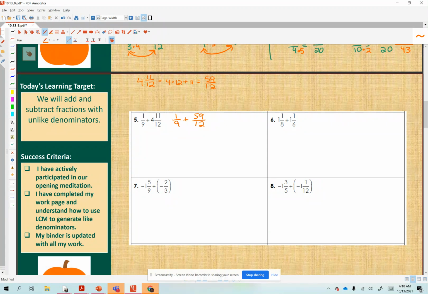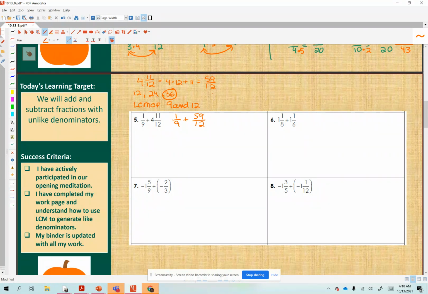So now we have 1/9 plus 59/12. But we need to convert these fractions so that they have a common denominator. So we need to find the least common multiple of 9 and 12. Now, if I think of the 12 times table, I have 12, 24, 36, and I know that 36 is also a multiple of 9.